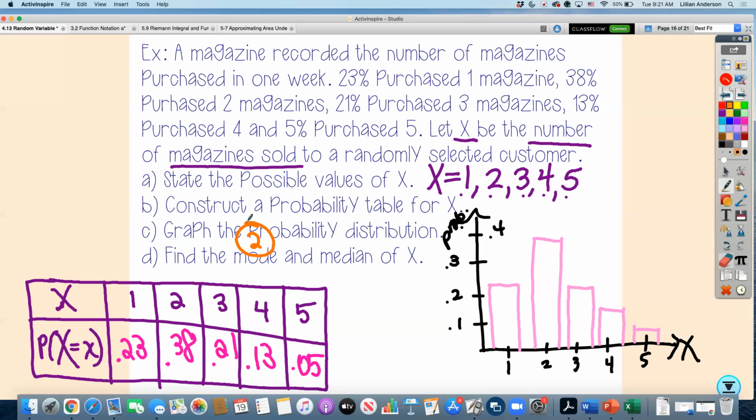When I go to 2, I'm going to add those together. What's 23 plus 38? 61. So 0.61 is where I am once I've gotten through all of the 2 magazines. So my 50th percentile actually lies within magazine 2. So my median is 2 magazines as well.